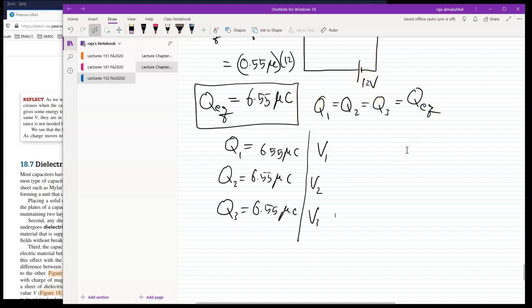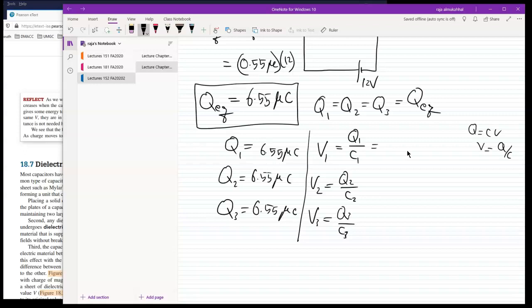See what I'm saying? So what is V1 equal to? Well, we know that Q is equal to CV, so V is equal to Q over C. So V1 is Q1 over C1, V2 is Q2 over C2, and V3 is Q3 over C3.